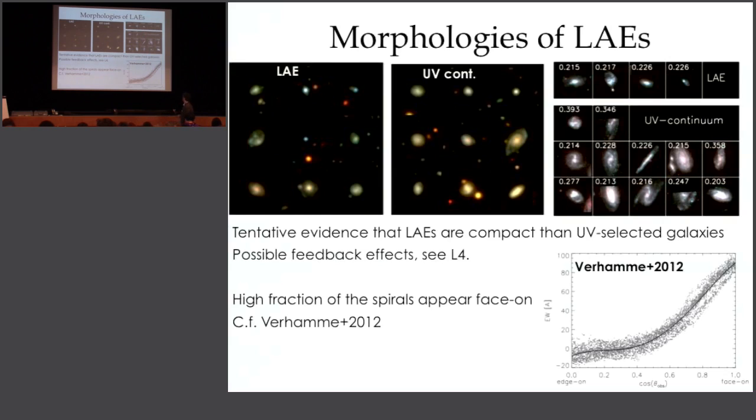Also, if you look at the spiral galaxies in the same samples of Lyman-alpha emitters, there seems to be a surprisingly large fraction of spiral galaxies that are face-on compared to edge-on. This is a load of radiation transfer simulations done by Yajima. Here you show the inclination of a galaxy.